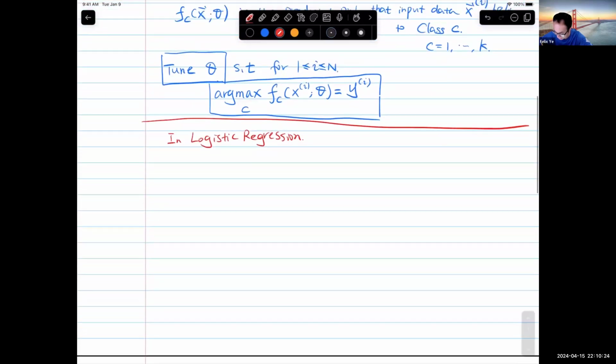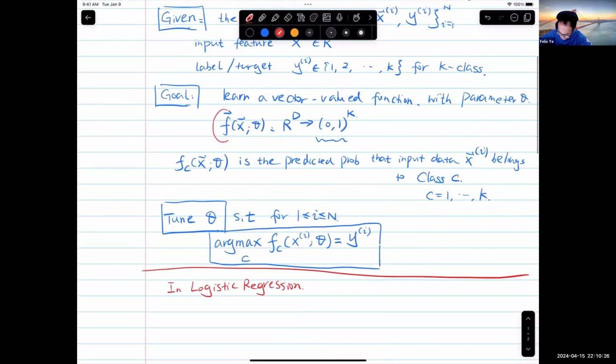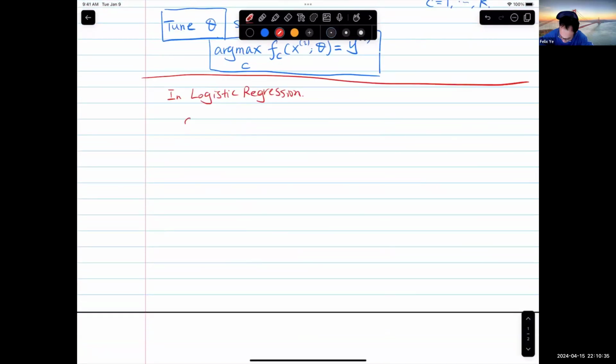The F right here is actually just a composition of a linear function and the softmax function.